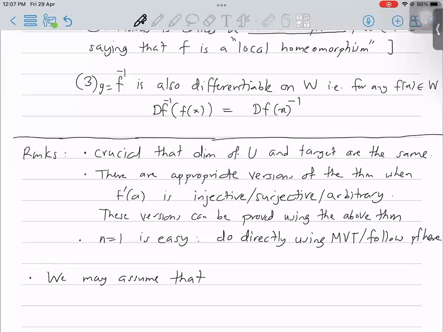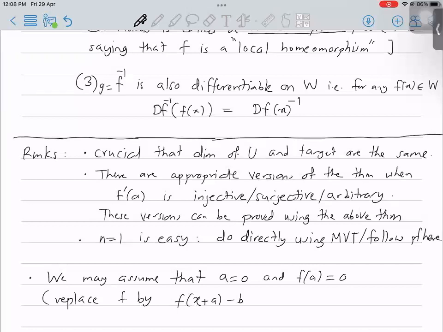Okay. And then this last comment, and let me say this here, which is that we can normalize what is going on over here. So let me say what that means. We may assume that a is equal to 0 and f of a equal to 0. How do you do that? This is just a shift, right? So replace f by the function f of x plus a and then minus b.